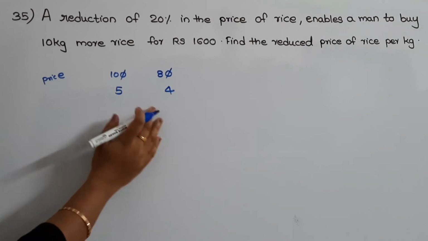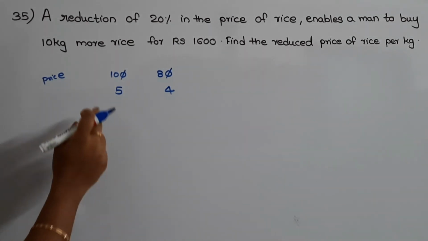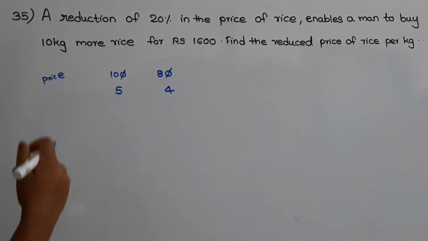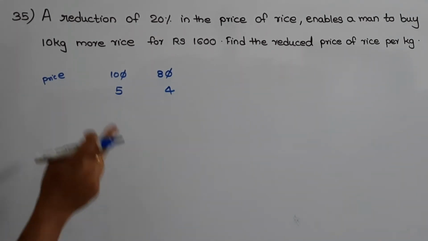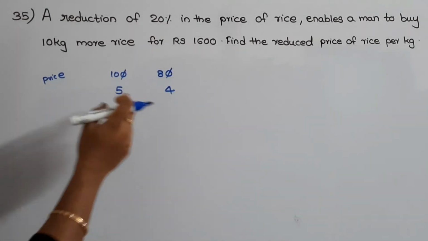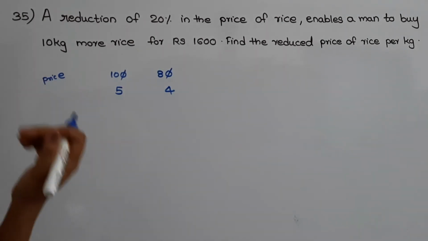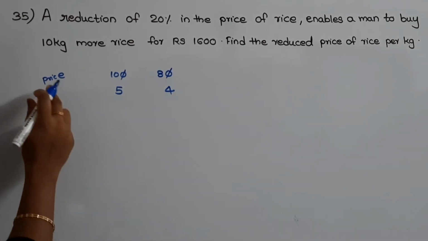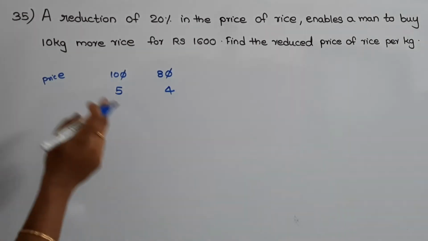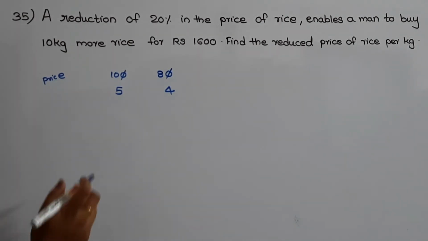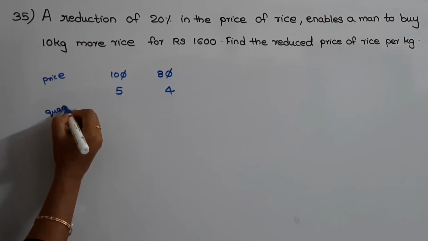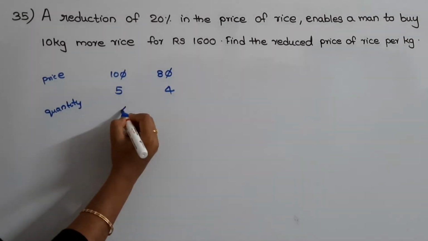When the price of the rice is decreasing, we can buy more quantity of rice from a shop. If the price decreases, the quantity of the rice will increase. So if the price ratio is 5:4, then the quantity ratio will be inversely proportional to the price ratio. So the quantity ratio will be 4:5.